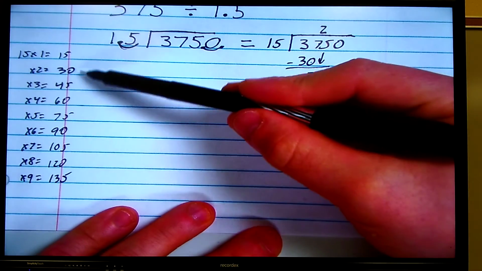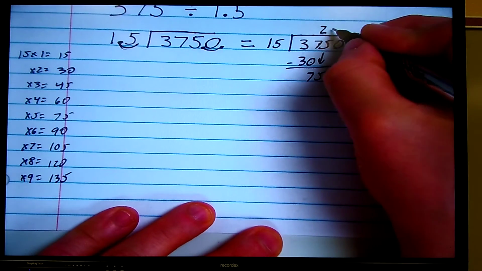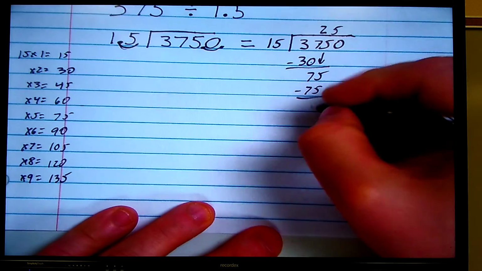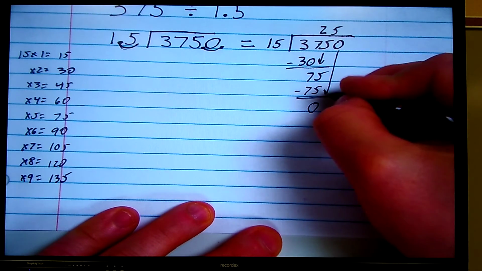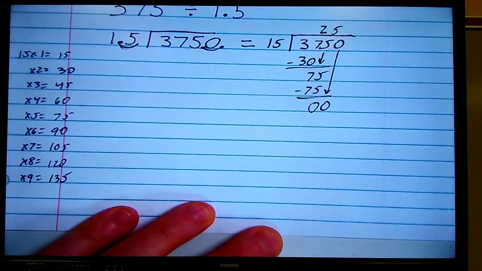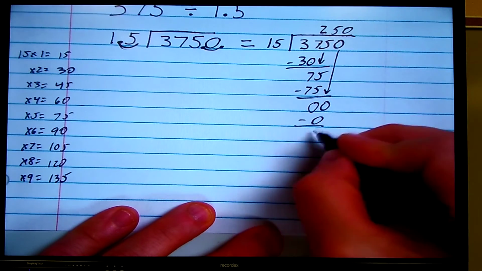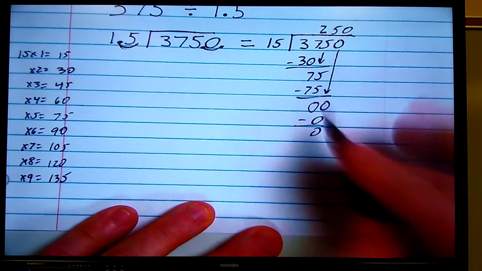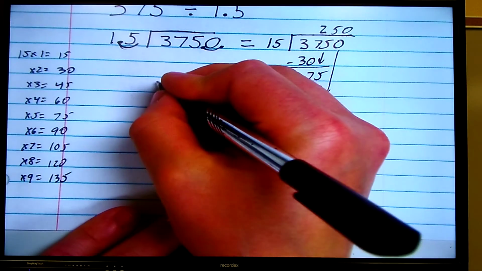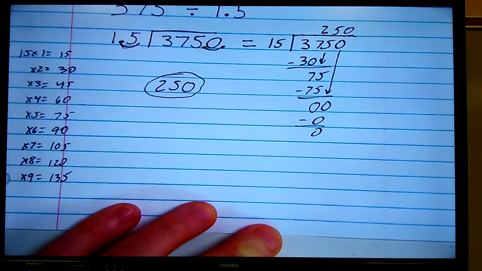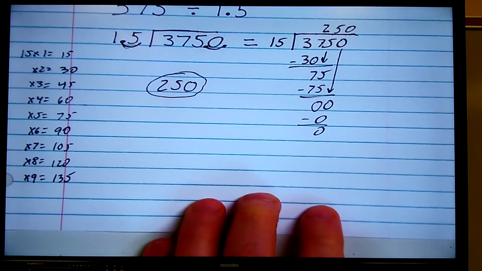How many times? 5 times. 5 times 15 is 75. Subtract. 75 minus 75 is 0. Bring down the 0. Can 15 go into 0? Yes, it can. How many times? 0 times. Subtract. I do not have to add a 0 and bring it down this time. My quotient is 250. That is the answer.